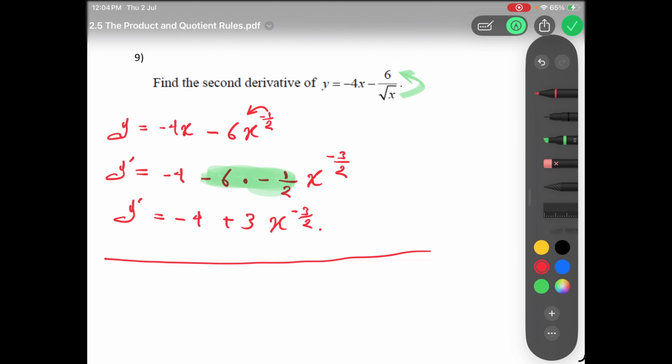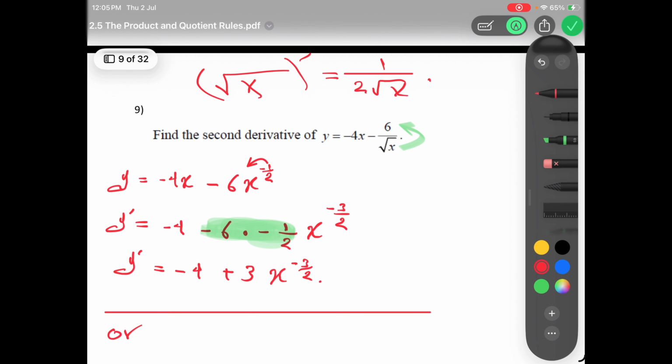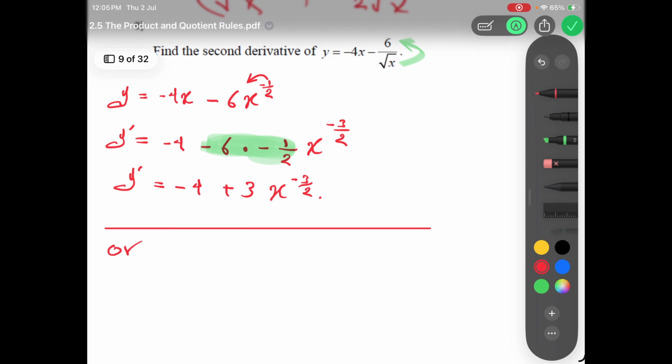Or you have to know first that the derivative of radical x, which is very common, equals 1 over 2 radical x. And for the reciprocal function, minus the number times the derivative of the bottom divided by the bottom squared. So I will write this here. So y prime equals minus 4 from minus 4x.